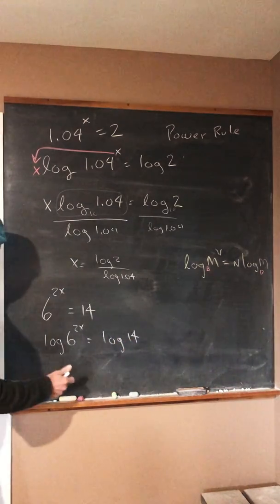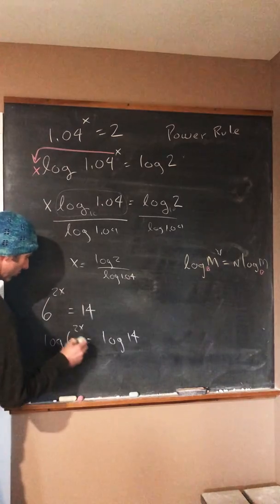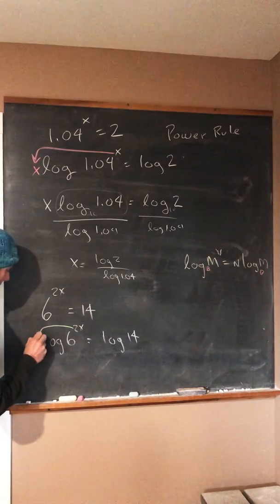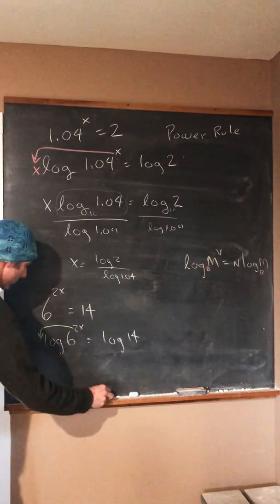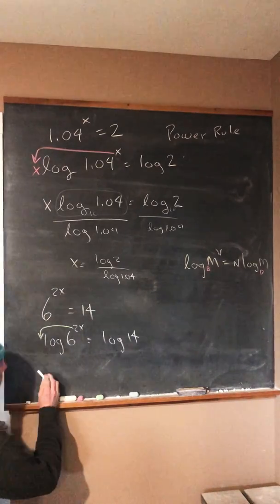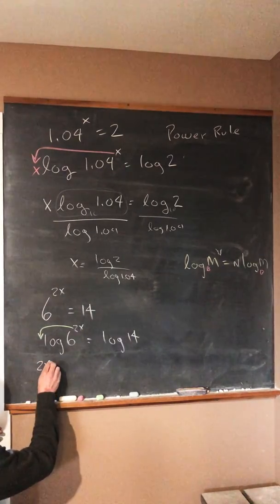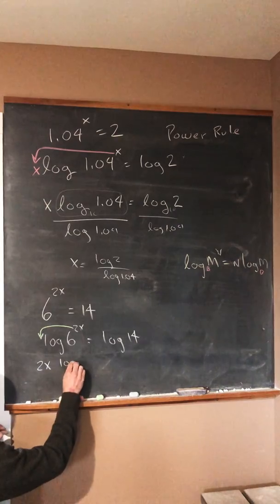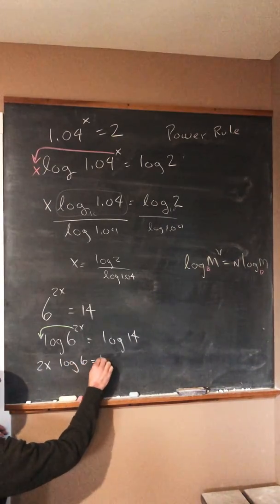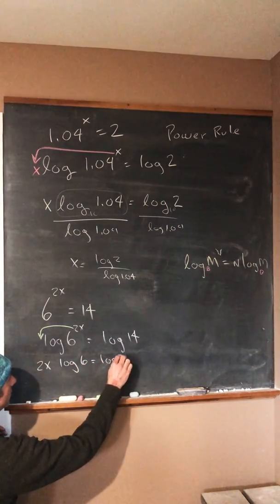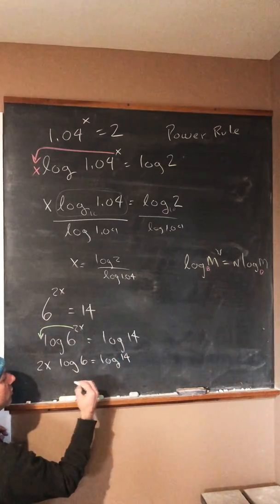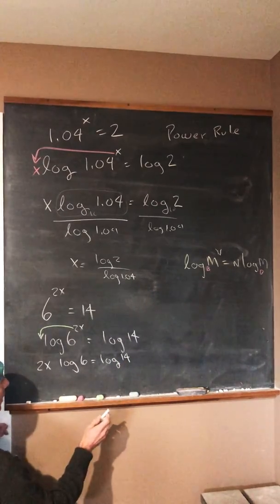Now, do the power rule. This guy comes in front. So I will have 2x log 6 equals log 14.